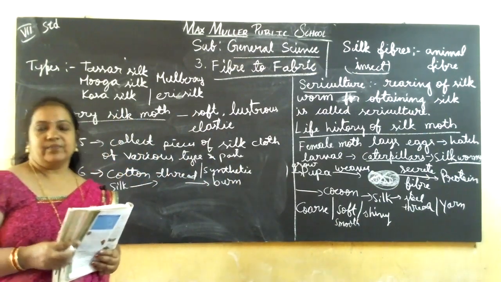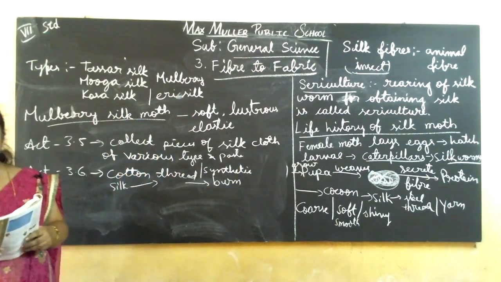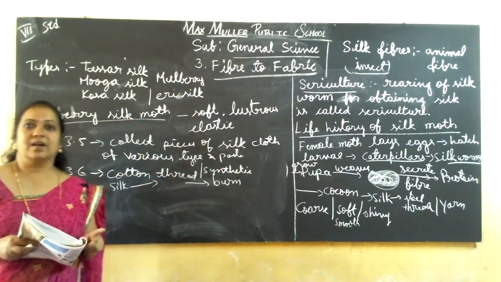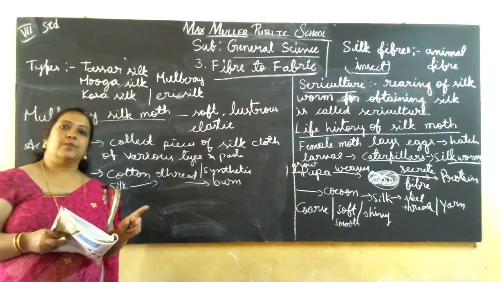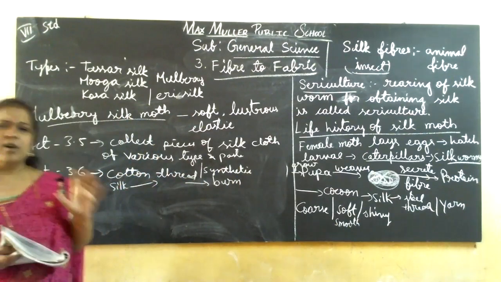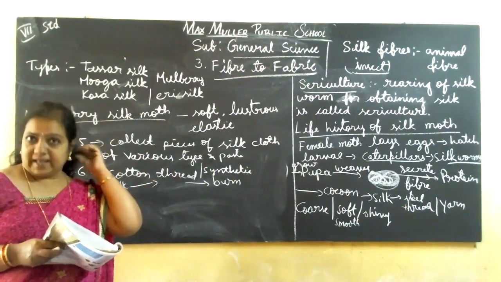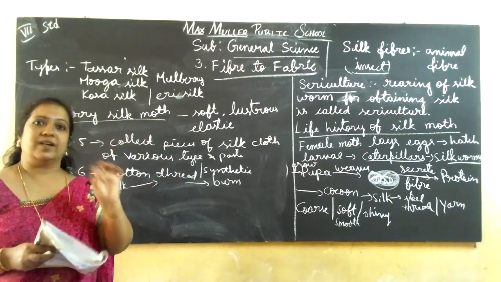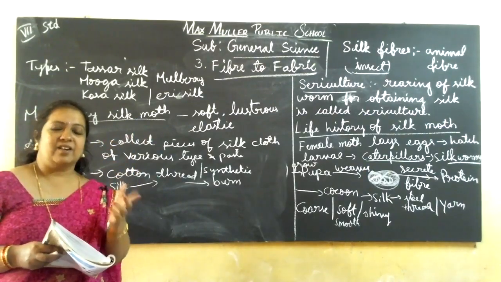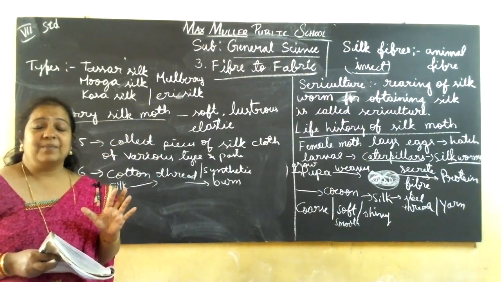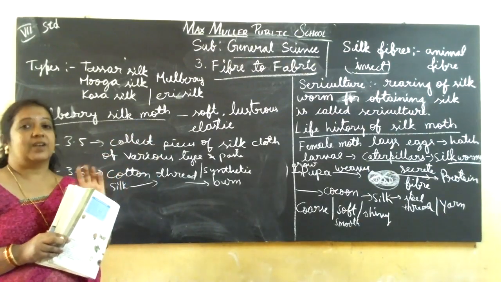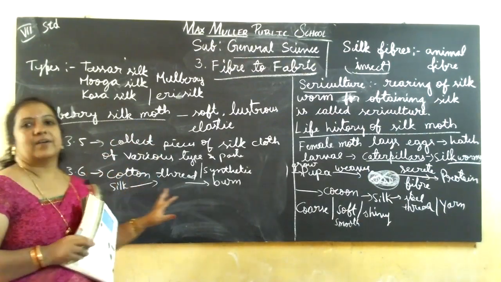One clue I am giving: if you burn any animal fiber, it gives a very odd, pungent smell. See, if you burn one of your hairs and see what smell you get, like that a very irritating, pungent smell you get from the silk fiber.